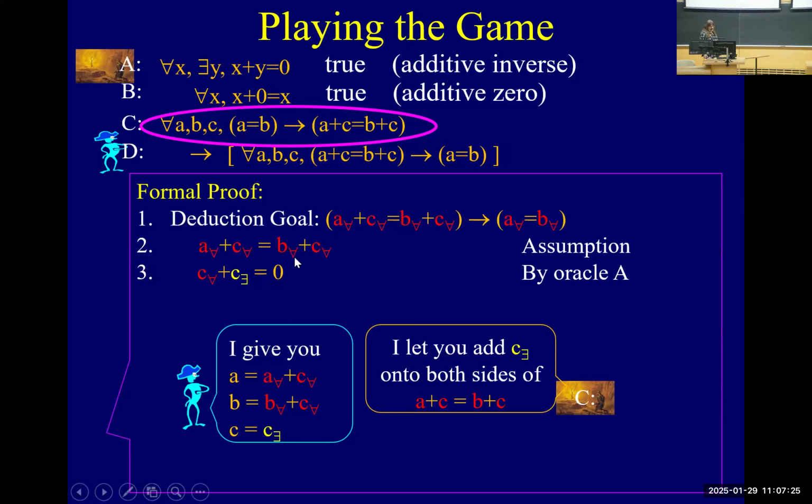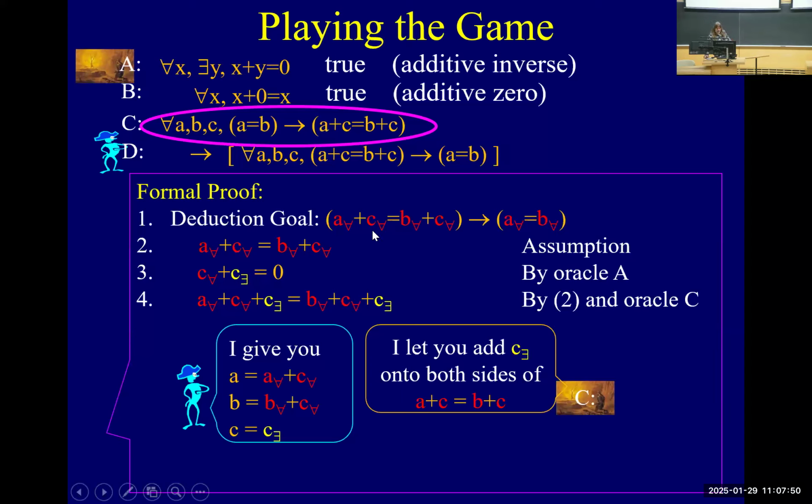All right, so then this just says, oh, now we go over to C. C says that we can add our negative to both sides. We have our negative, we want to add it to both sides. So I give her the A, B, and C, which are these, and we add C to both sides. See that? So that allows me to do that.